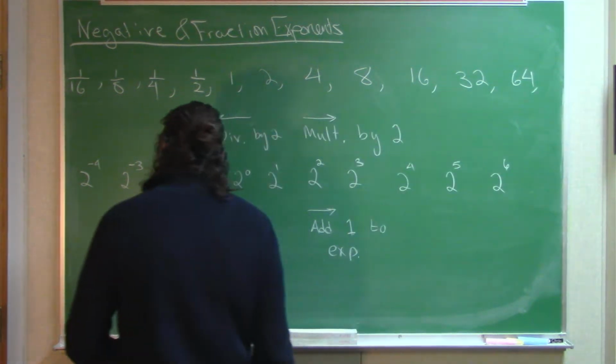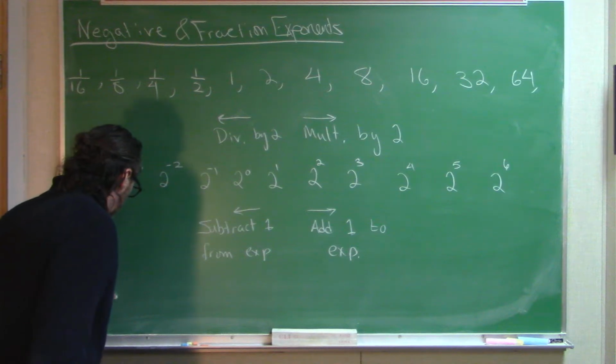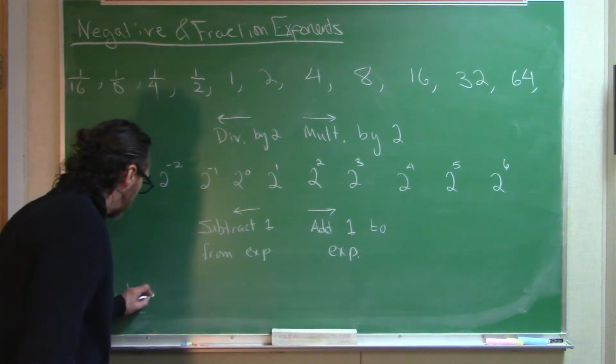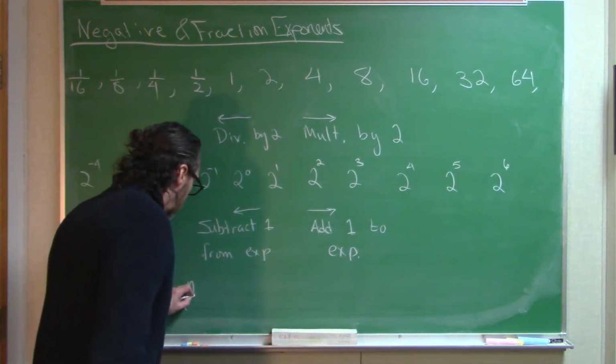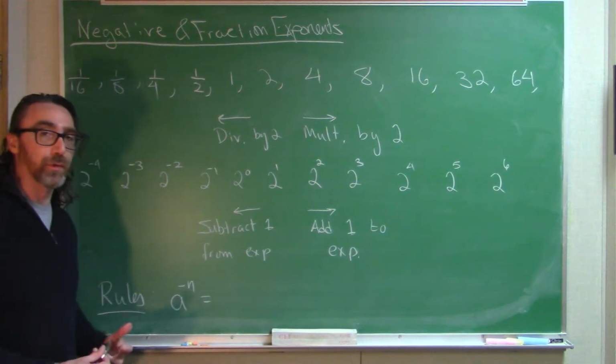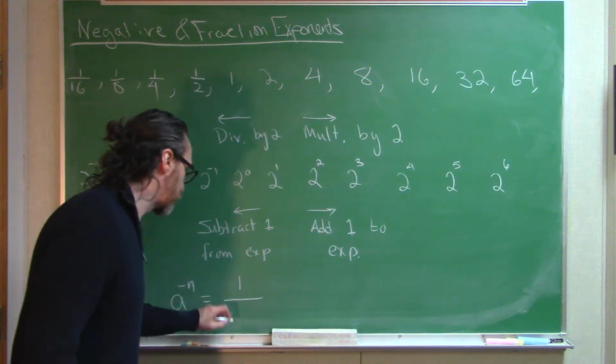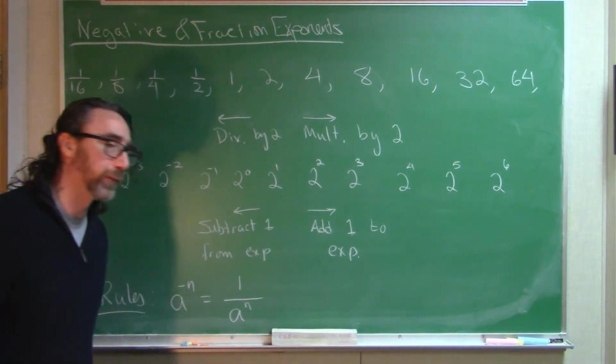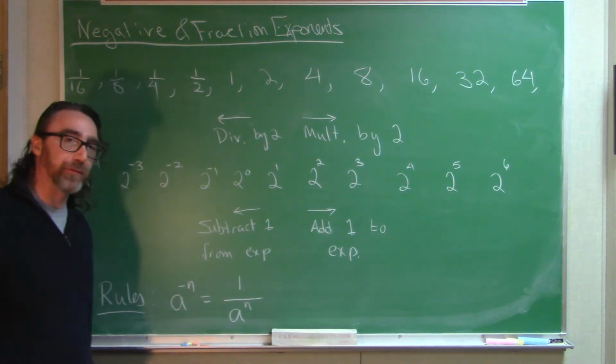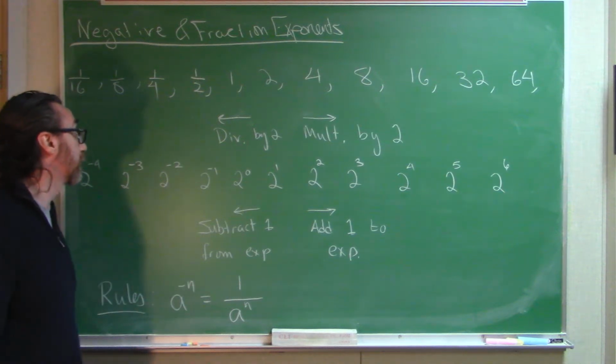So the general rule here is that if you take something to a negative power, you are going to get a fraction. So a to the negative n is 1 over a to the n.